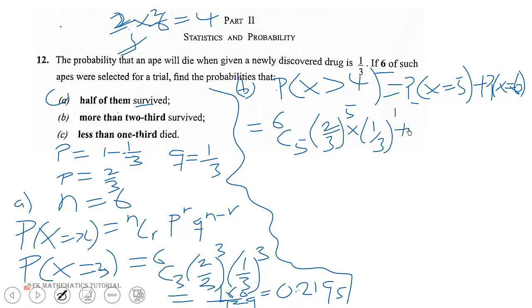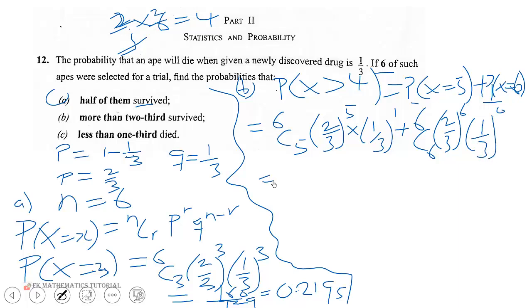Then we add it to the probability of X equals 6. That will be equal to 6 combination 6. Then we have 2 over 3 exponent 6 times 1 over 3 exponent 0.